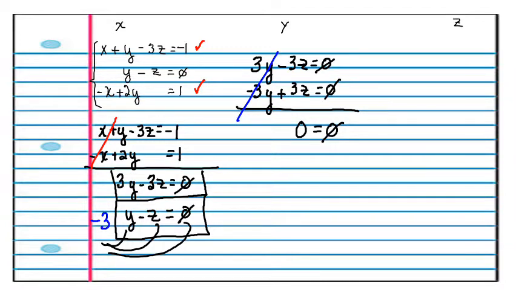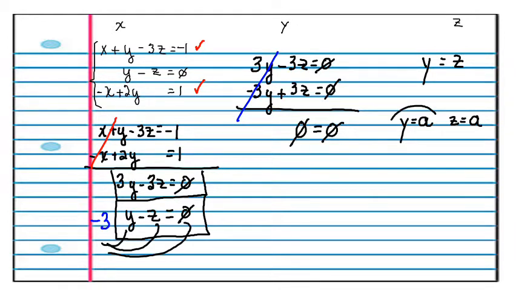So technically what we end up with here, since 0 equals 0, is that y equals z. So what we're going to assign is a value to y and a value to z. And since they both equal each other, I'm going to say that y equals a number, and of course z equals a, like so.